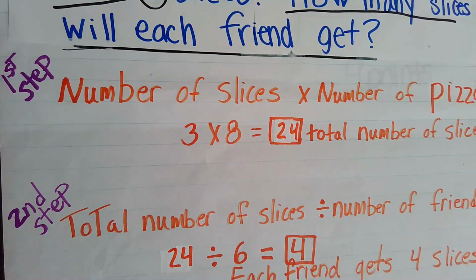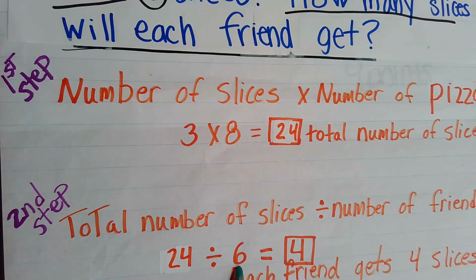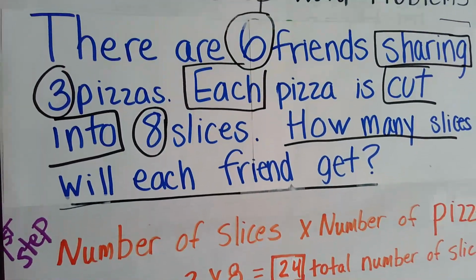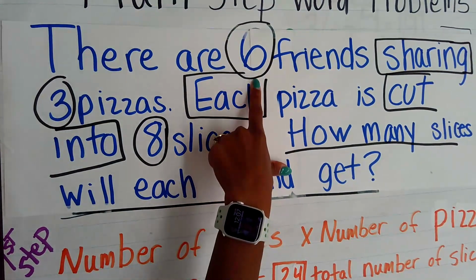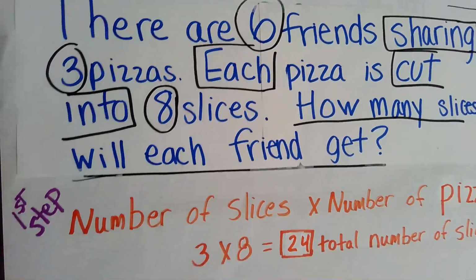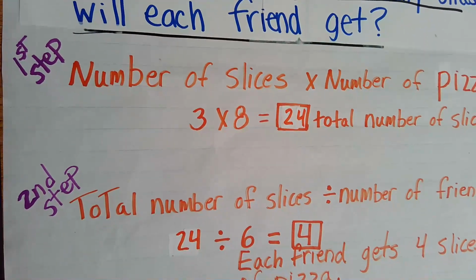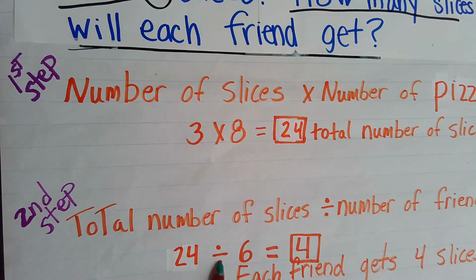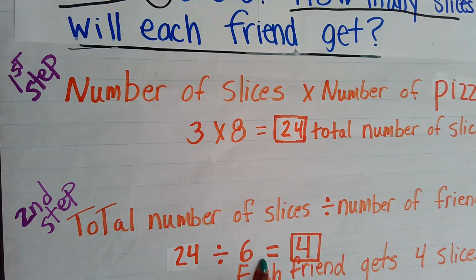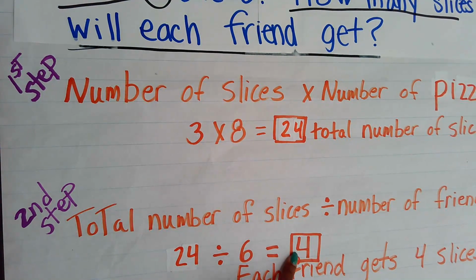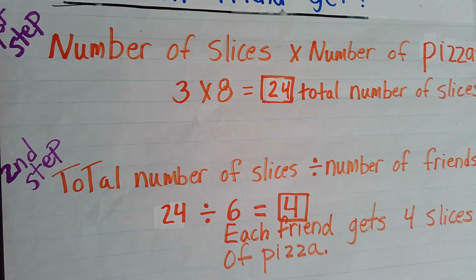So I want to take my 24 and divide it by 6. If you go back to the word problem to see where we got that 6 from, we did circle it. We have 6 friends total. So we're taking 24 slices, dividing it by 6 friends, equals each friend is going to get 4 slices of pizza. So taking their multiplication and division skills and applying it to one problem.